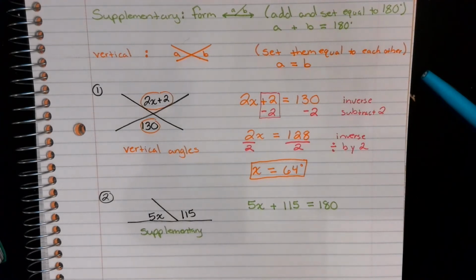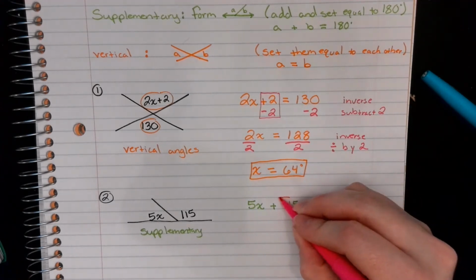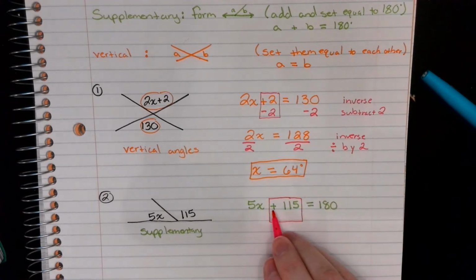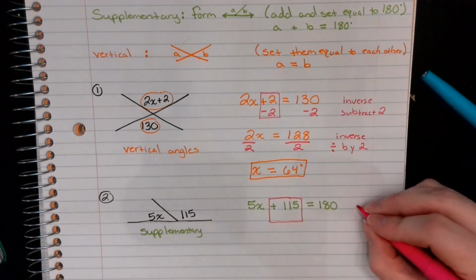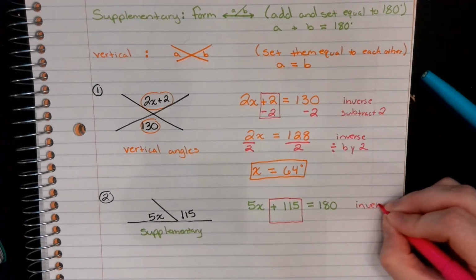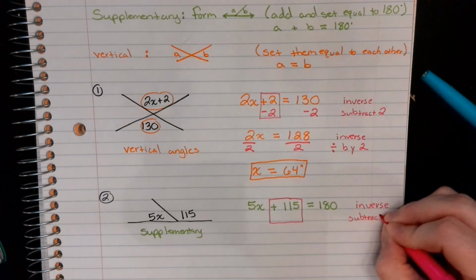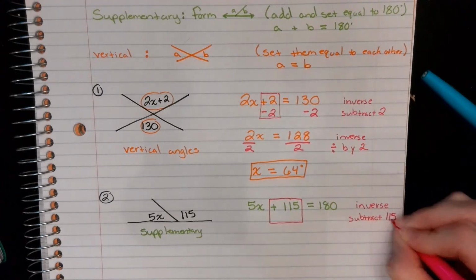So then we just follow the process of solving these equations. The first thing that we want to do is the inverse operation to that constant. So instead of adding, our inverse operation is to subtract. So we are going to subtract 115 from both sides.